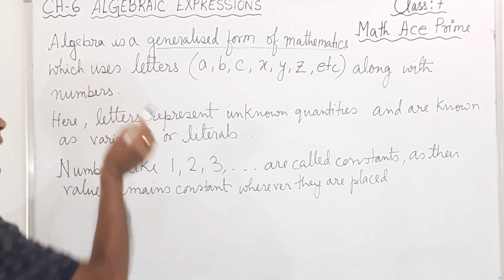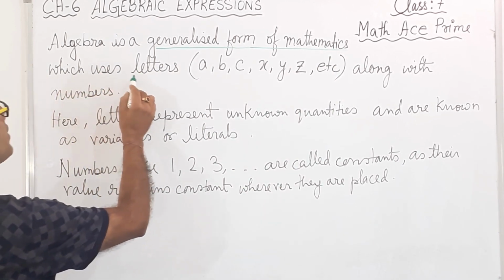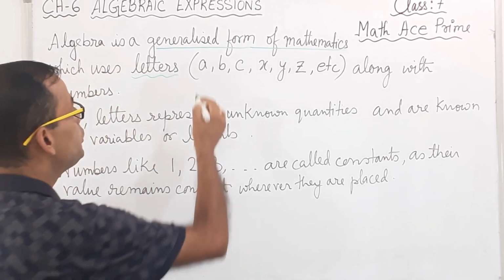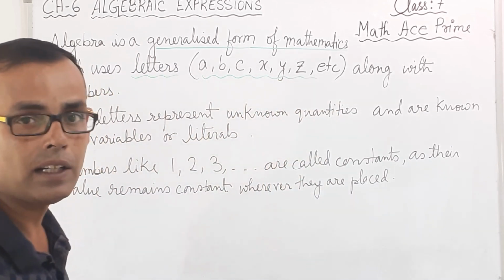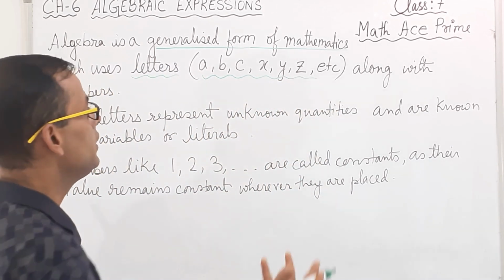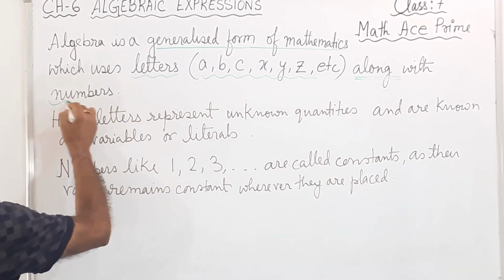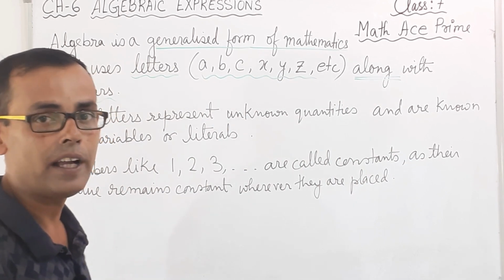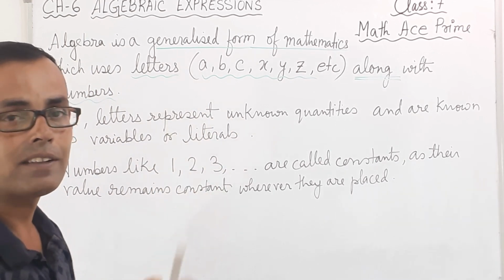And in that algebraic sums what you learned, which uses letters, like A, B, C, X, Y, Z, P, Q, R, W. Not only letters, along with that numbers are also there, like 2, 3, 5. And they are combining together: 2x, 5x, 3x.